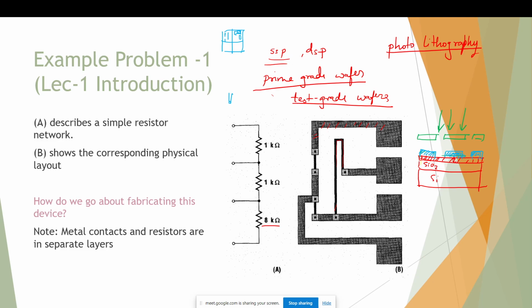Now we only have photoresist at certain positions. When we etch this device, this photoresist will protect the resistive material that we put. The material will get etched only in these locations, so these parts will disappear.